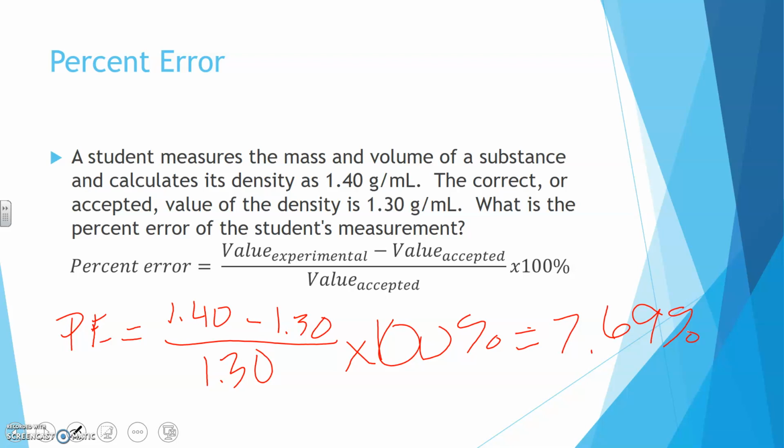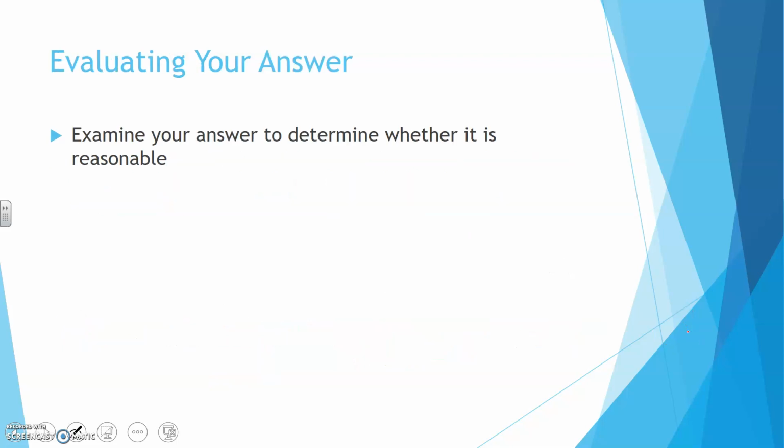Sometimes that can go up to 10, depending on how sensitive the measurements are, how small the actual value is, and so on. In this case, it's a fairly decent measurement and calculation, but it's not the greatest.